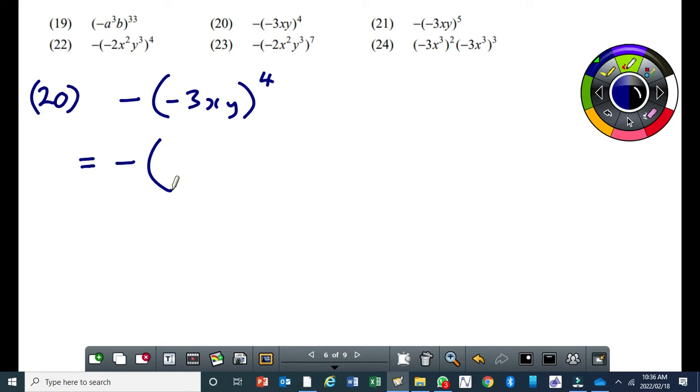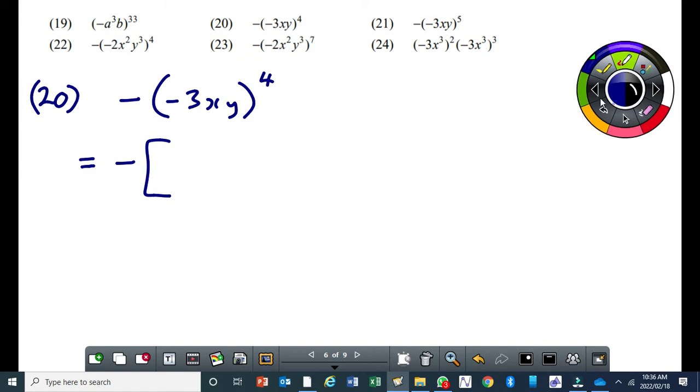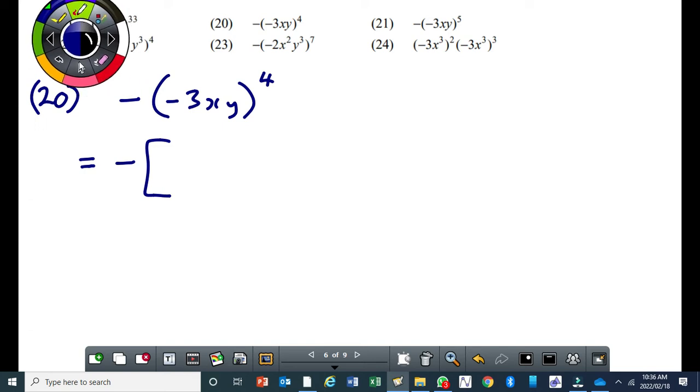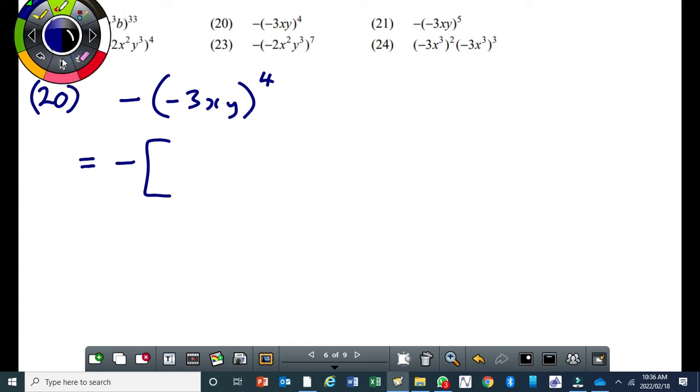For the integer, I can consider my base as negative 3, so let me use a circular bracket there. I can write what's inside the bracket as minus 3 all raised to the power of 4.